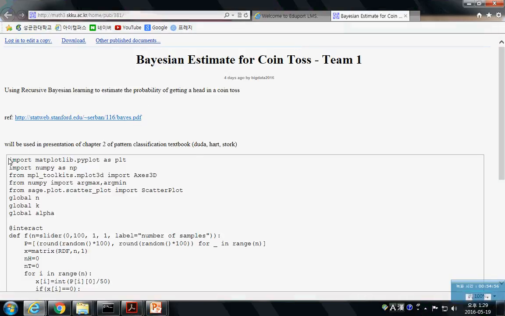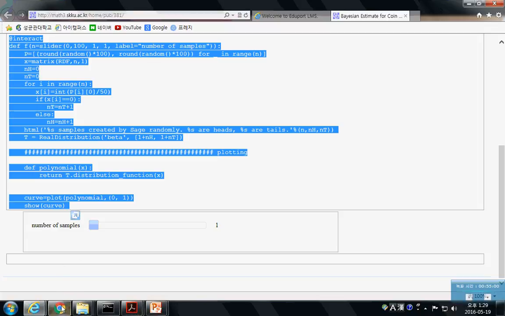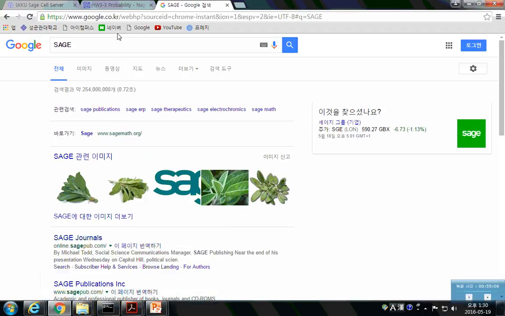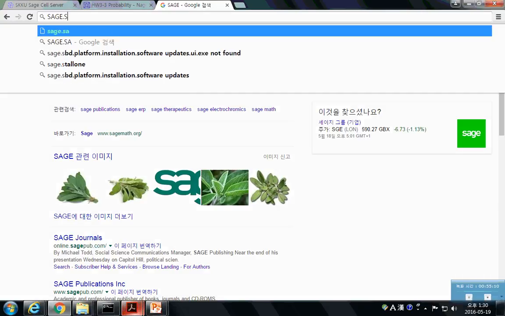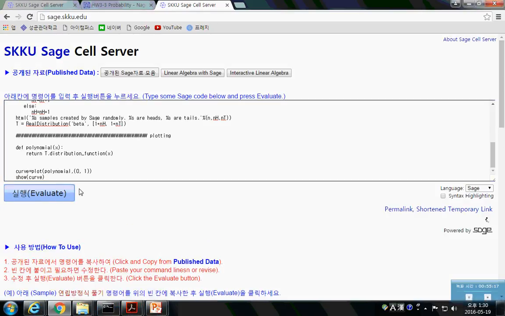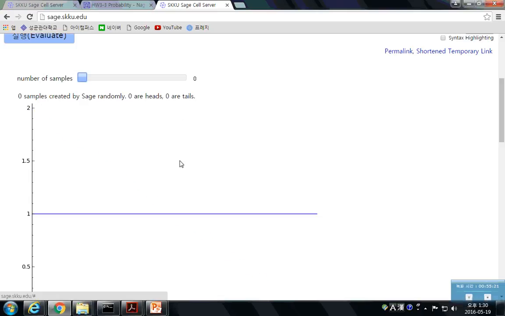I think it will not work here, so I want to copy the code. So I'll start with 0. Let's say that I have a coin, right?